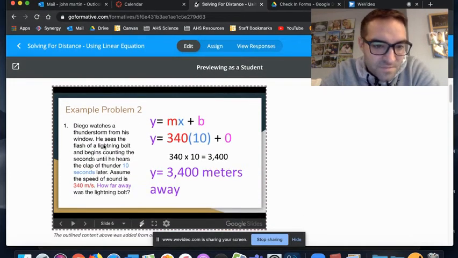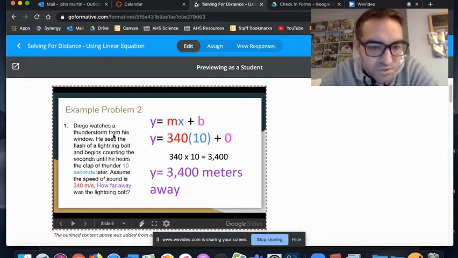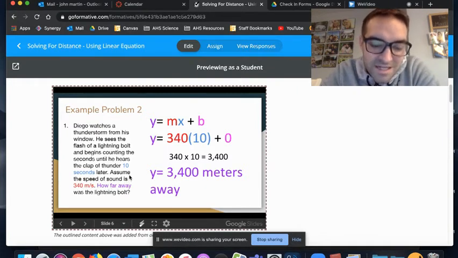Another example, you might have a word problem. So in this word problem, Diego watches a thunderstorm from his window. He sees a flash of lightning bolt and begins counting the seconds until he hears the clap of thunder 10 seconds later. Assume the speed of sound is 340 meters per second. How far away was the lightning bolt? So again, the speed of light is much, much faster than the speed of sound, but we've got the speed of sound, that's our velocity, and we've got how long it took.